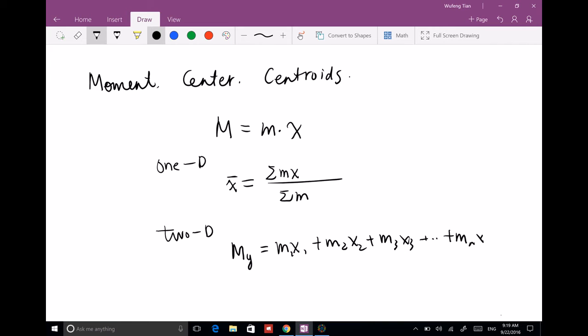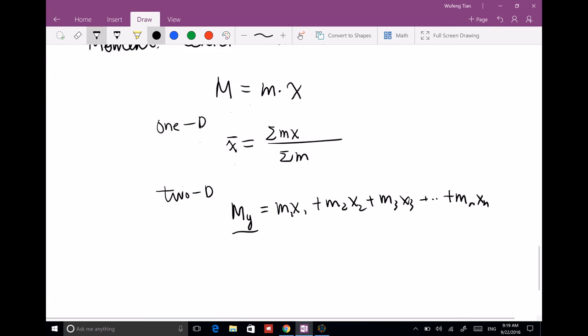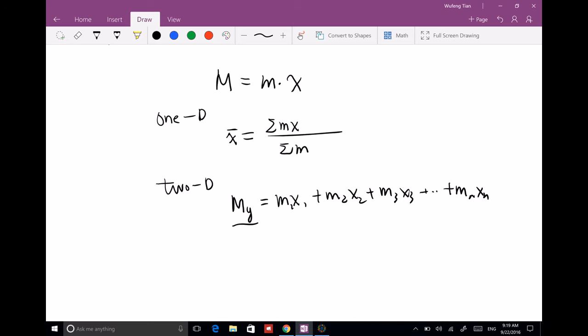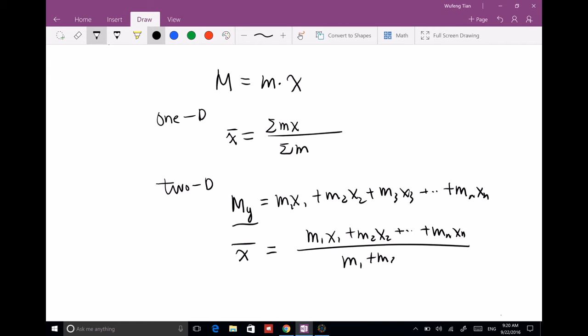For the two-dimensional case, you just name the moment as with respect to the y-axis. But when you find the center, it's still the same, you add the x together: m1 x1 plus m2 x2 plus mn xn over all the m together, m1 plus m2 plus mn.